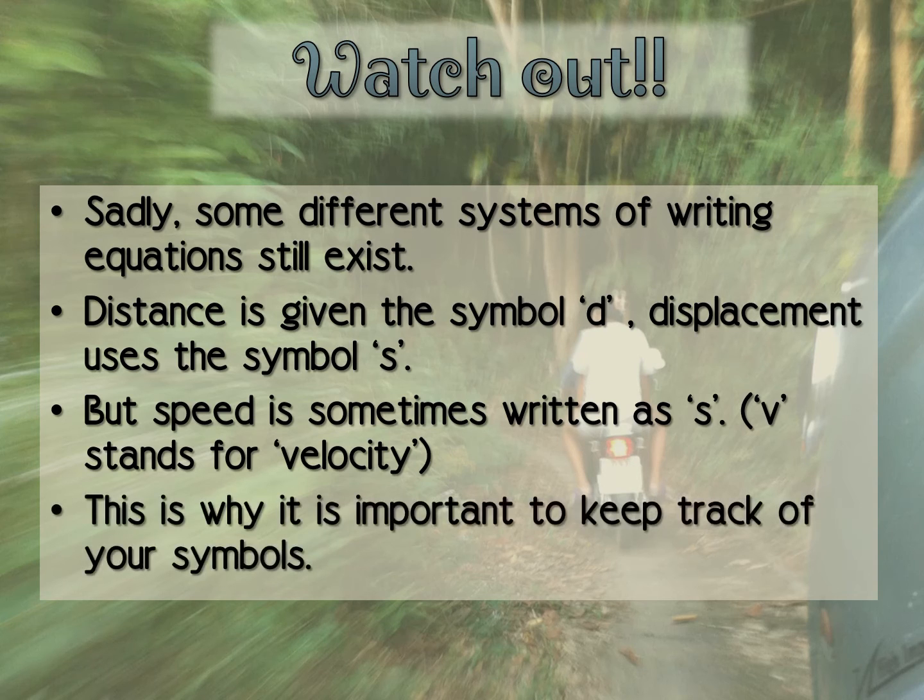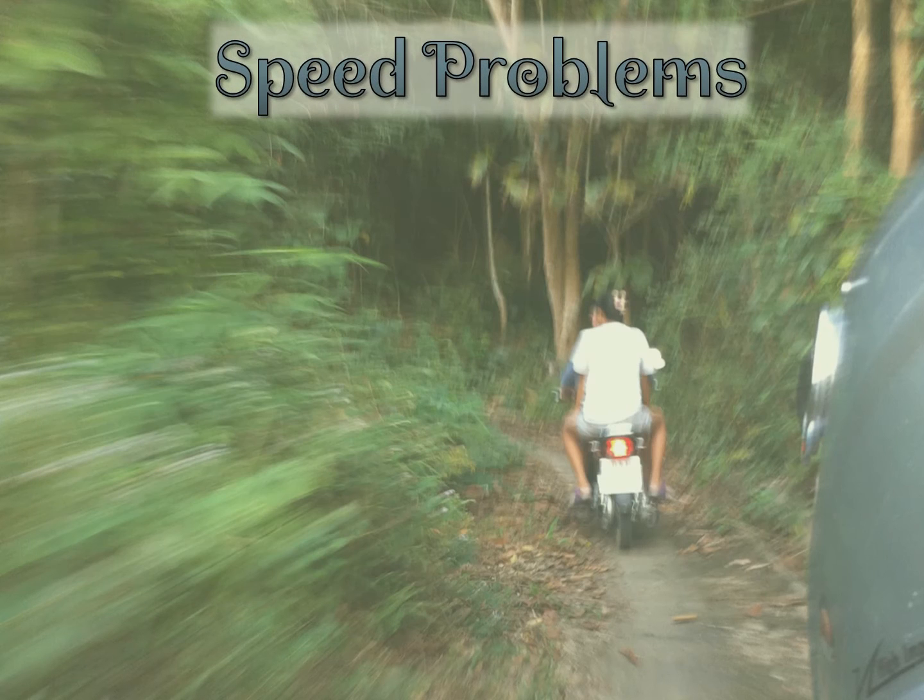Velocity and speed are very similar, but there is a difference which we will see in a few slides' time. But this shows why it's important to keep track of your symbols, because some places you might think s stands for displacement, and in actual fact it stands for speed.